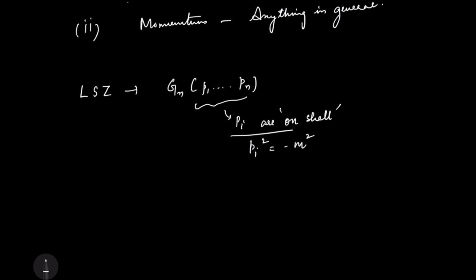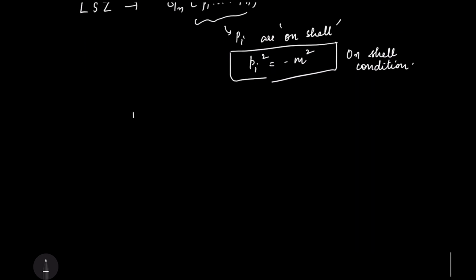So this is known as the on-shell condition. So p_i^0 will be equal to plus or minus omega_{p_i}, because there are two roots, a positive root and a negative root, and omega_{p_i} is the root of m squared plus p_i squared.